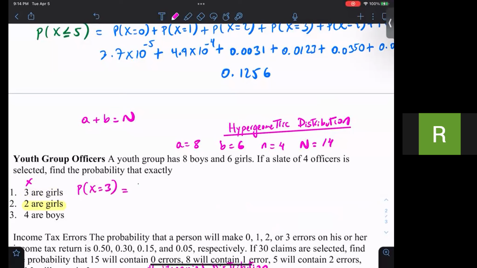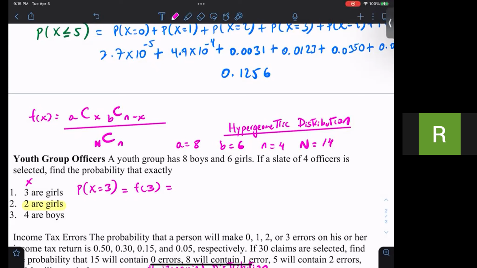So this PMF, choose 3 means A, and let me write the function here, the PMF. So this is the PMF, f of x equals A choose x, and then B choose n minus x, and then this is C, and then you choose the population, big N, and small n, right? That's the PMF.